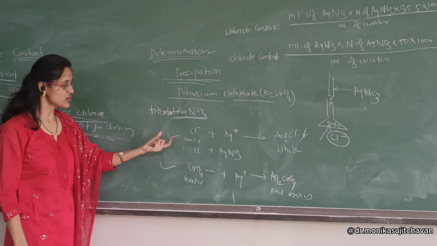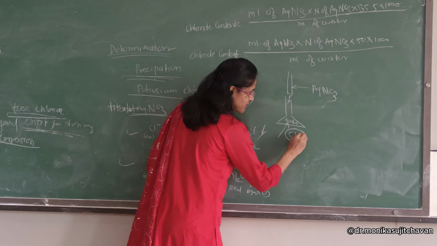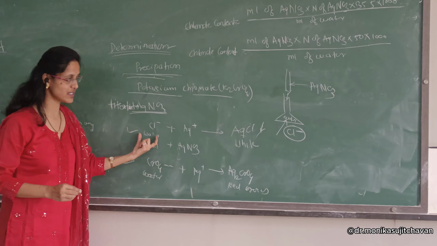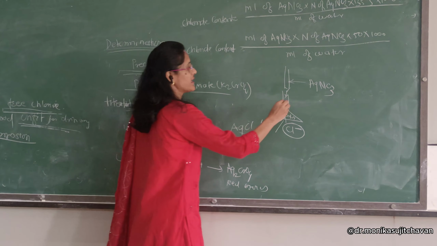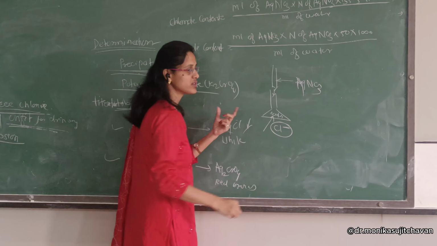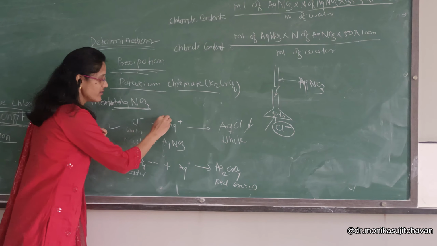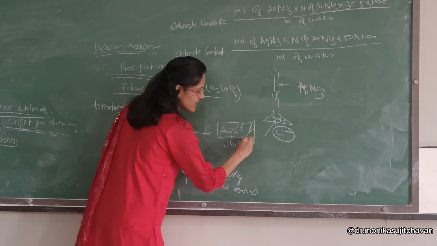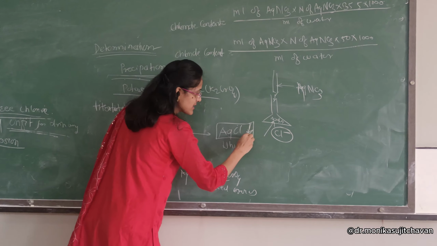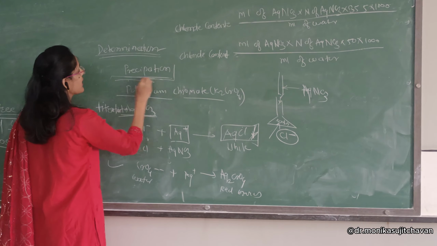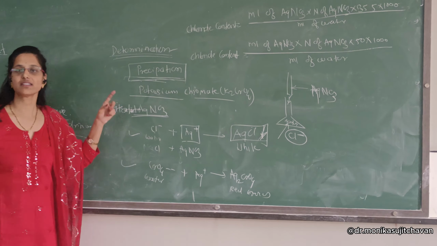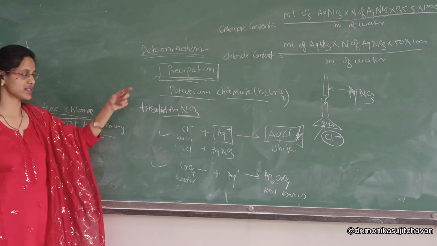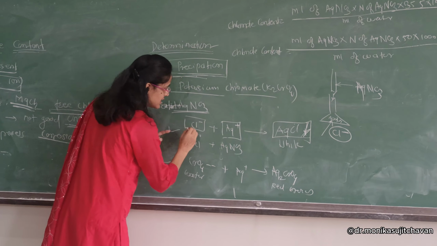First, the Cl minus present in the water combines with the AgNO3, or Ag plus, and forms the AgCl precipitate. I am here writing only the ions.